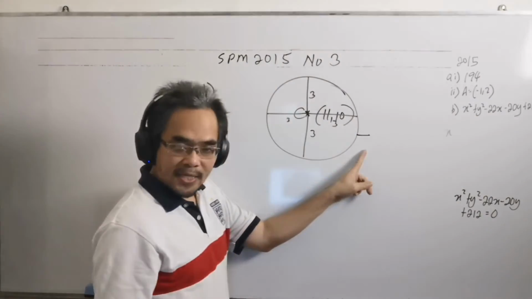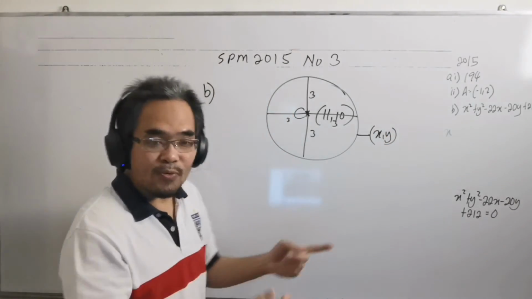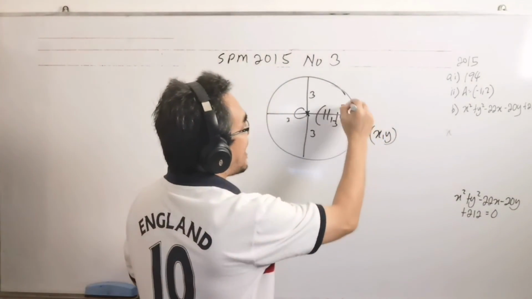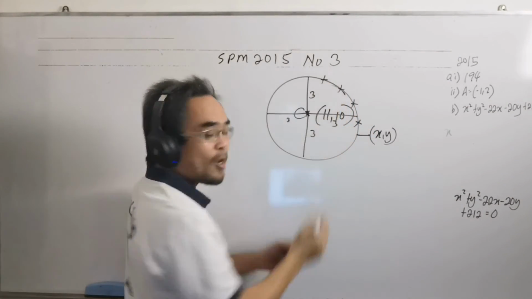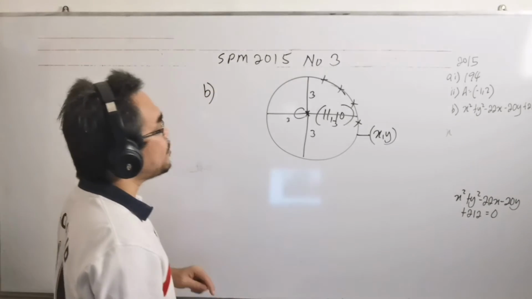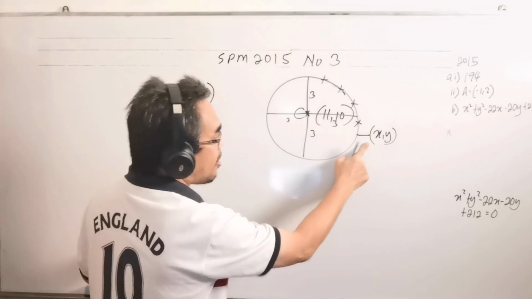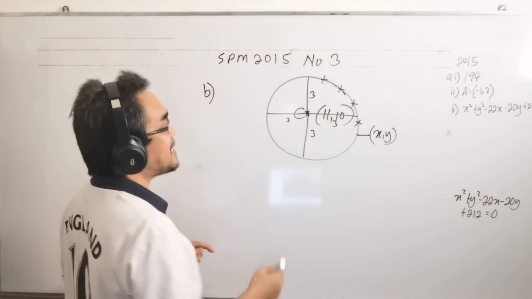The locus of this coordinate x, y, because it is a moving point, sometimes it's there, it's there, it's there. So you cannot pinpoint the exact location. So what we do is use the distance formula, because the distance from the locus to coordinate C is 3 units.